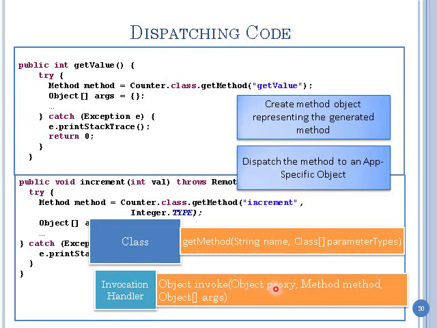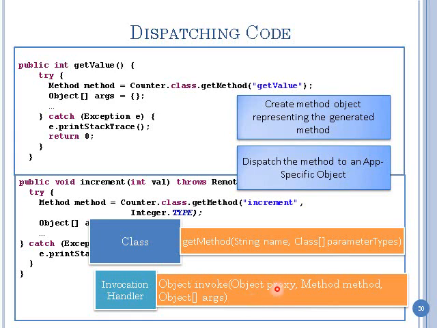It's going to take the proxy as an argument, the method, and the args, and we can then forward from the proxy.